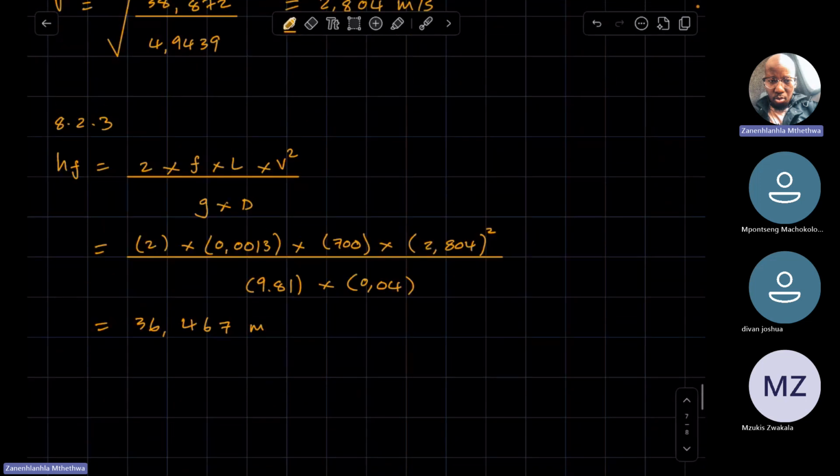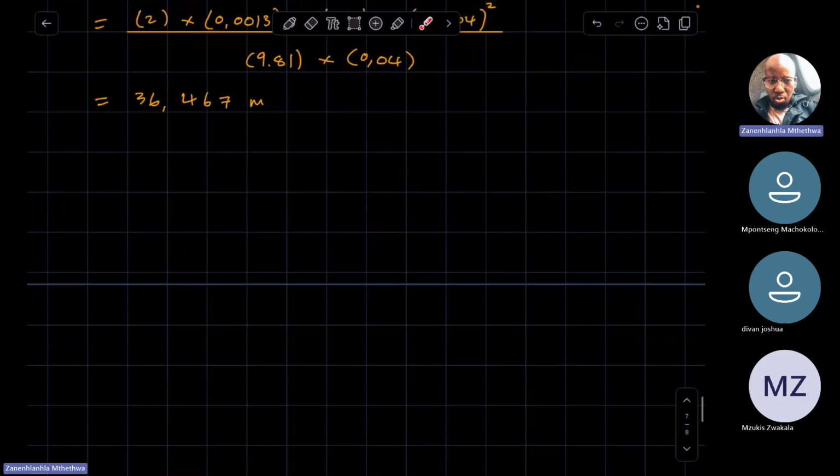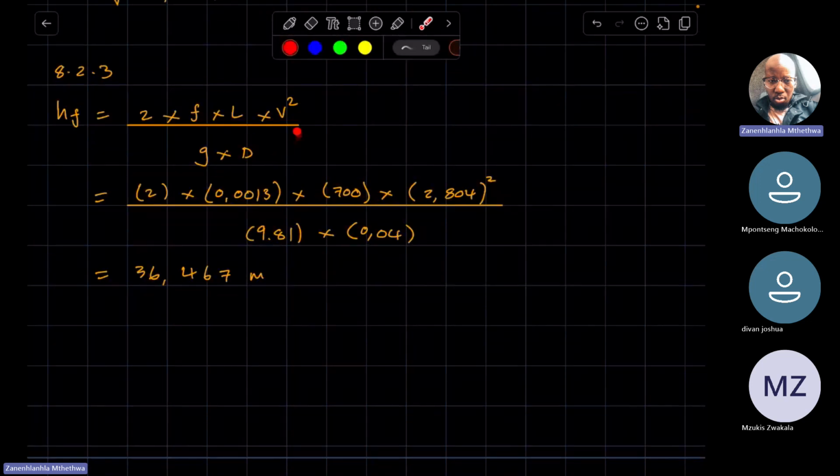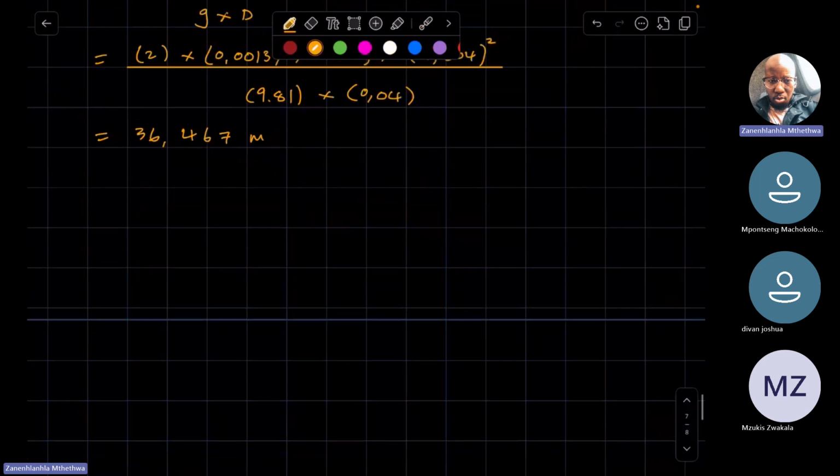Remember that how we calculate the frictional head loss is based on Darcy's formula, and as far as Darcy's formula, you get two variations. This is one of the variations where we use velocity. The other variation is one for the discharge or flow rate.